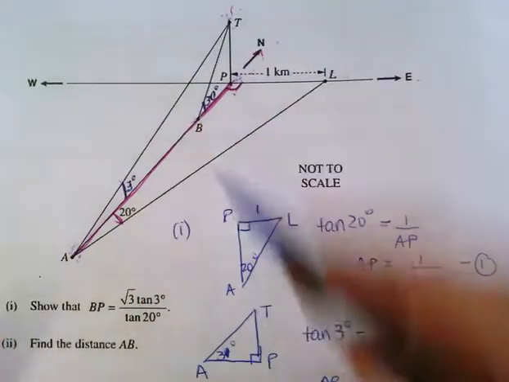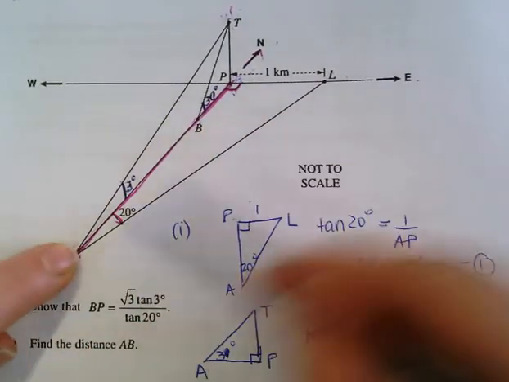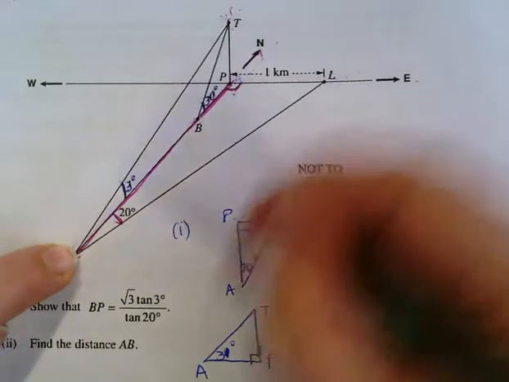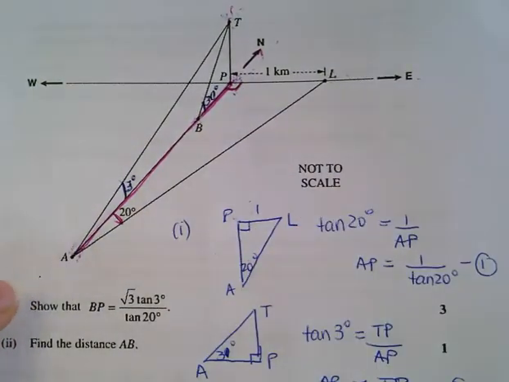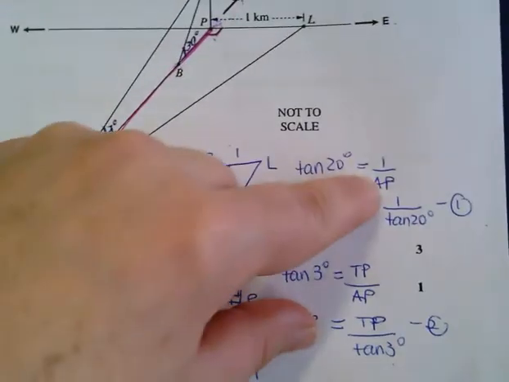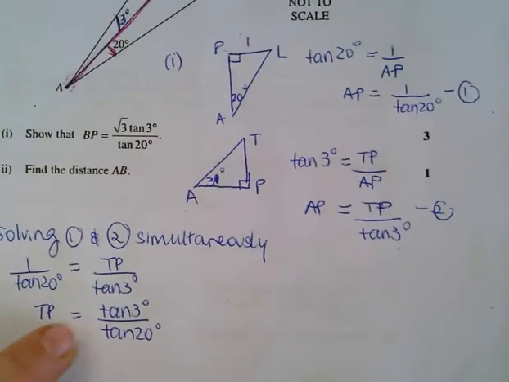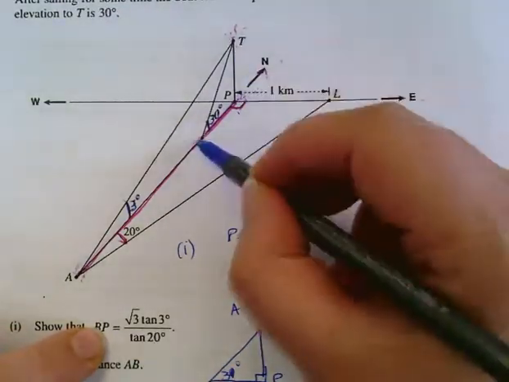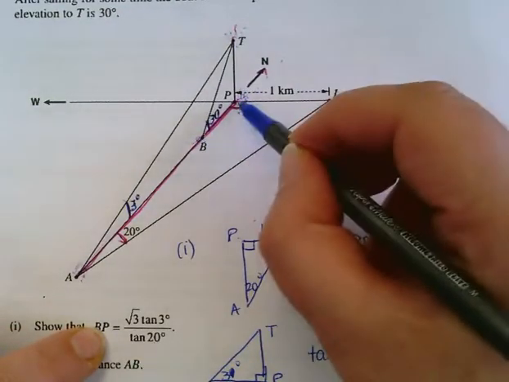Tan of 20 degrees tells me I need to use this big triangle. You notice in those two triangles that AP seems to be common. So if you come up with an expression for AP in both triangles, you'll lose the APs and you'll end up with the expression for TP. Now, let's go back to this triangle. We need BP. You have to be working in this other triangle to get it.